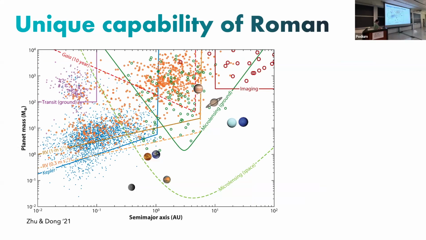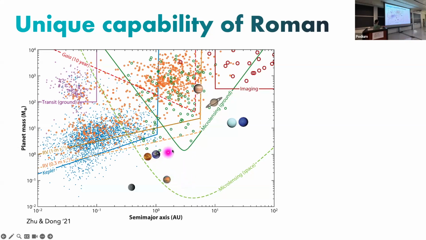So I'd like to show this because it really highlights the unique capability of Roman in that in the foreseeable future, at least, it is probably the only mission that can probe the really low mass objects.